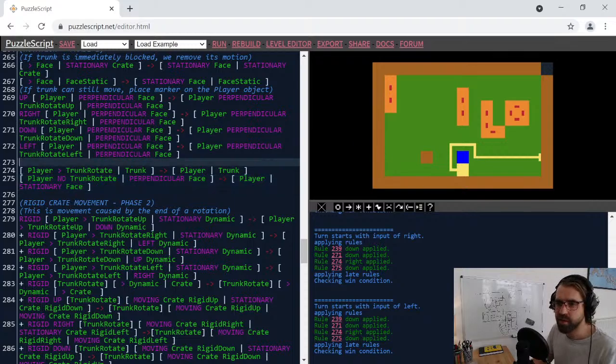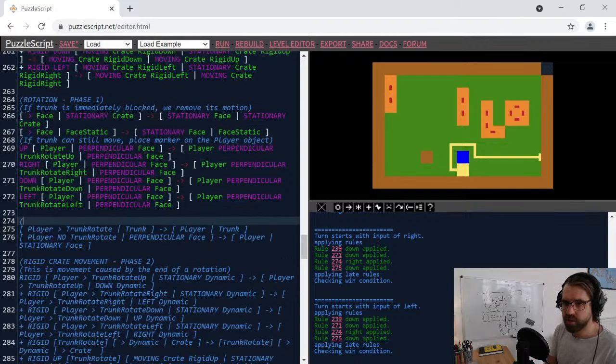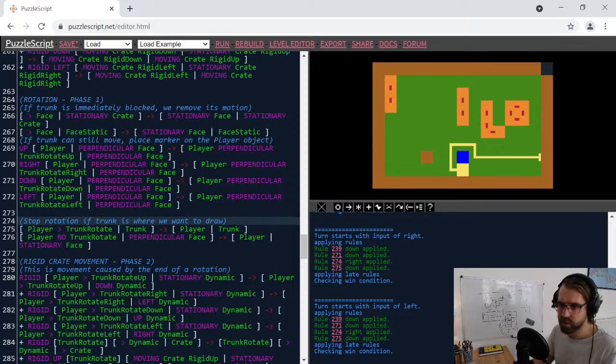Okay, so this is going to be the stop rotation. Stop rotation if trunk is where we want to draw. Okay.